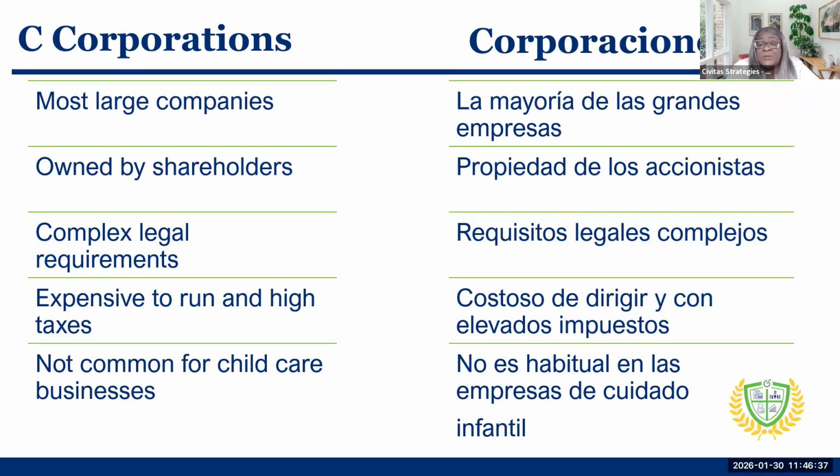Now, they are also the most complex in terms of their legal requirements, and they are one of the most expensive in terms of administration fees or taxes. They also suffer from double taxation, and that is basically profit from the company is taxed at the corporate rate, and then the owners need to pay an additional income tax on it.